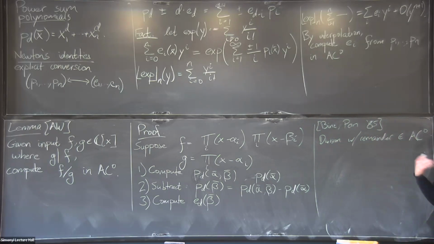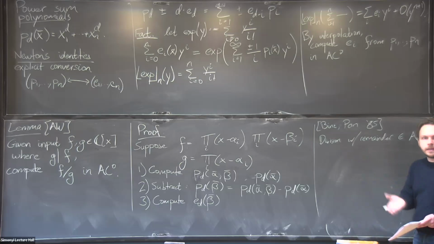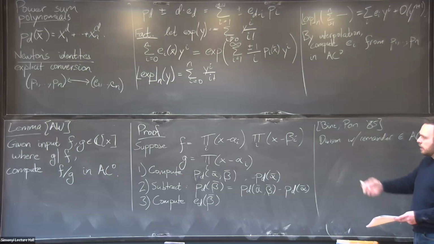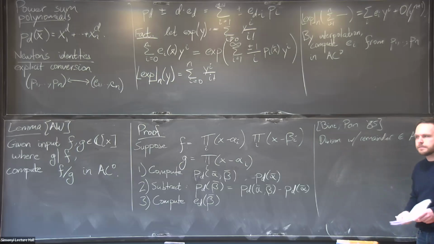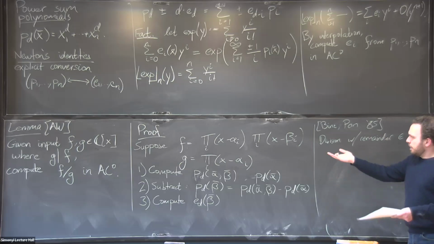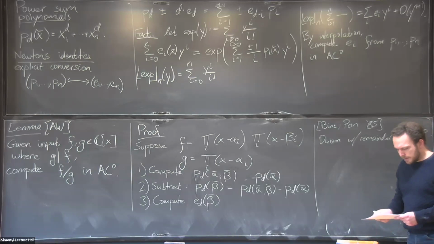And this is using some more clever specialized linear algebra. You don't need the promise that g divides f, you can get the remainder. The algorithm I'm sketching here only does exact division, right, when g divides f. But we can also handle division with remainder using things I'm not going to tell you about today. So they're different algorithms, it's the same result, but somehow this is a different perspective on it.